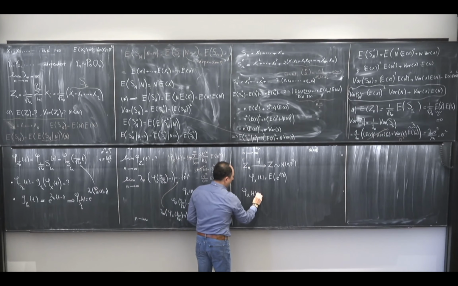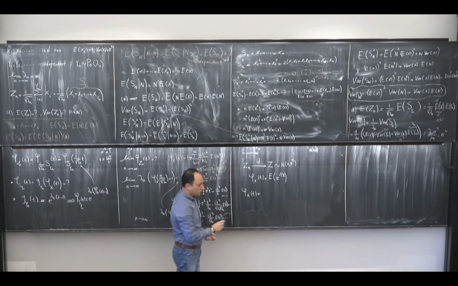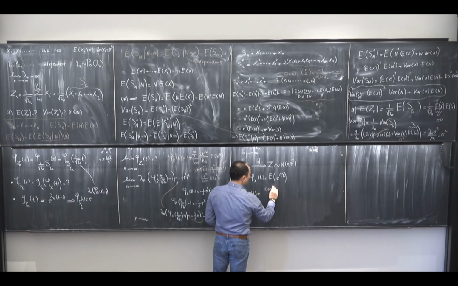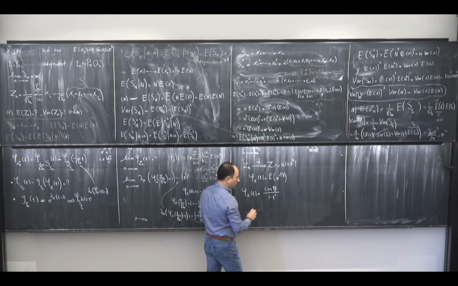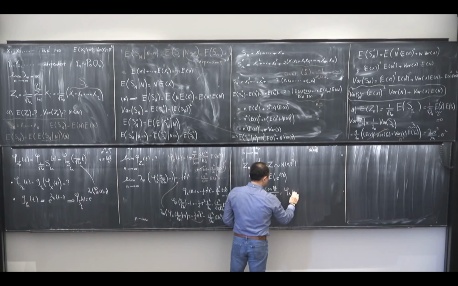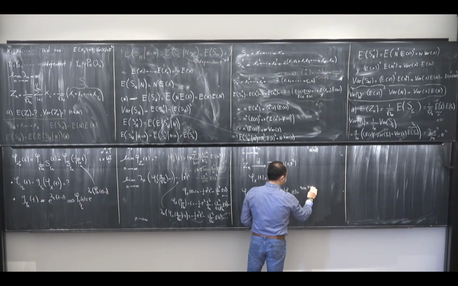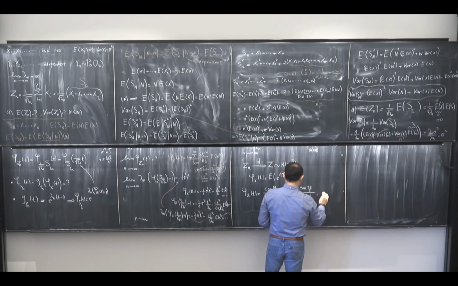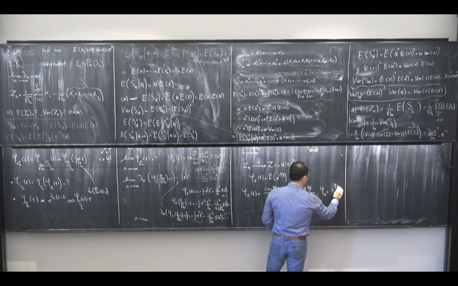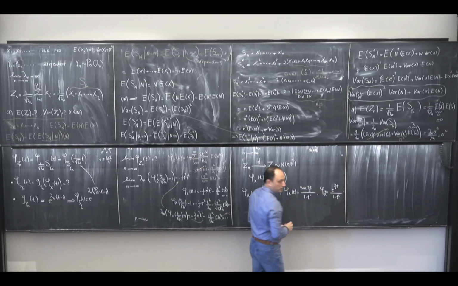The first one they have written is cosine of pi t over 2 divided by 1 minus t squared. The other one is the same thing with sine. And the other one is with e.